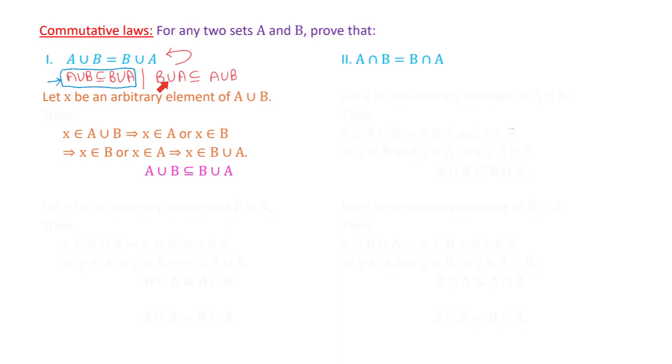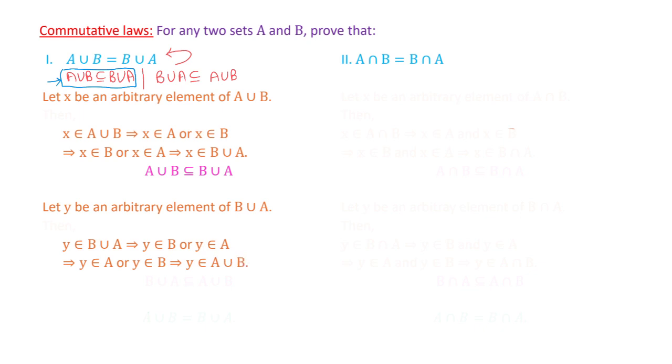Now to prove the second part, we are going to prove that B union A is a subset of A union B. So we consider an element Y from the set B union A. Then Y belongs to B union A, which means that Y belongs to B or Y belongs to A. Again, we can also write it in this form, that Y belongs to A or Y belongs to B. And this implies that Y belongs to A union B. So we have proved that B union A is a subset of A union B. Now look at these two results.